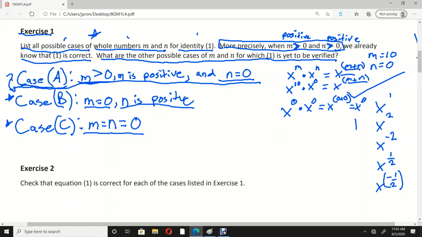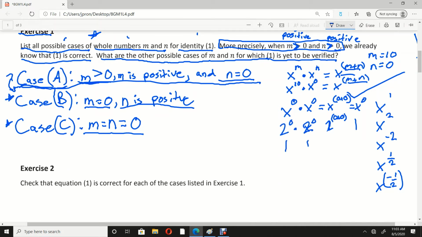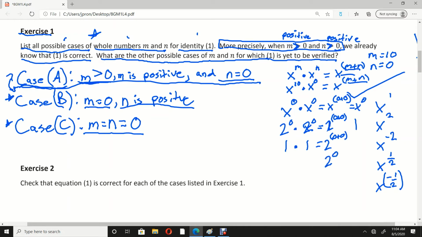Let's call x 2. Anything to the 0th power is just 1, right? So we have 2 to the 0th power times 2 to the 0th power. That's just 1 times 1, which is going to equal 2 to the 0 plus 0, or 2 to the 0, or 1. So all of these make this true.